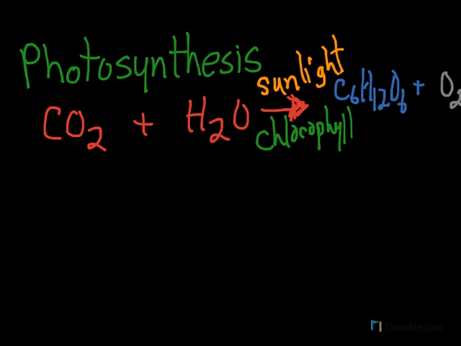And then there's also some water left over too, so we can write that in there, plus H2O. And we need to balance this formula out. So basically there's 6 molecules of CO2, 12 molecules of water, 1 molecule of glucose, 6 molecules of O2, and we still have 6 molecules of H2O.